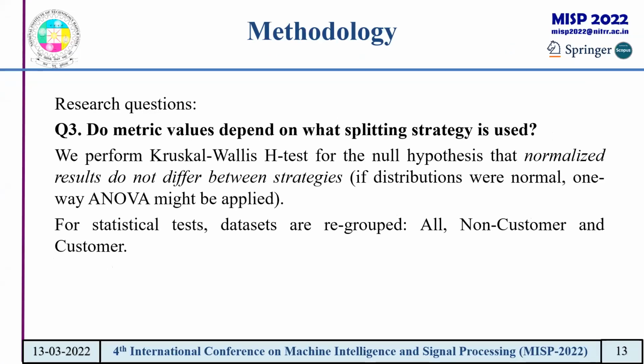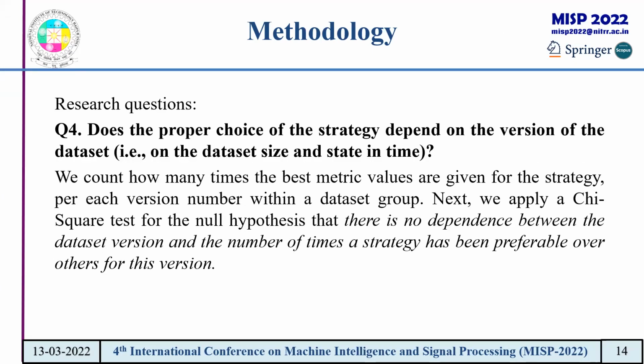The third question is, do metric values depend on what splitting strategy is used? This question is about statistical comparison. In our case, the Kruskal-Wallis test is suitable. It is also important to provide a sufficient number of points, so we enlarge dataset groups. And the last question is about strategies' behavior and time. We count how many times a strategy has been chosen as the best one for each dataset version.